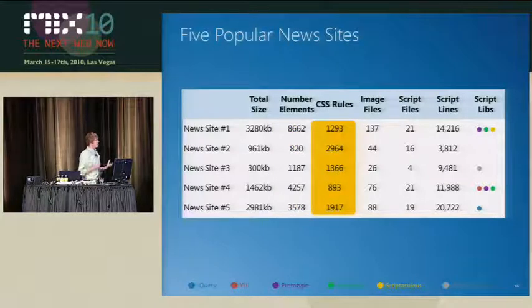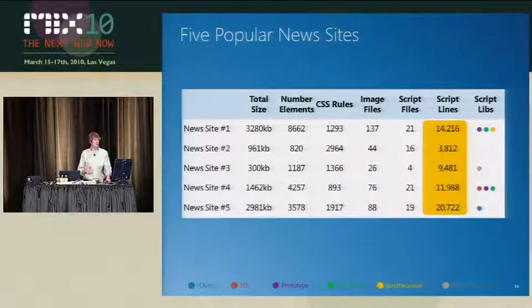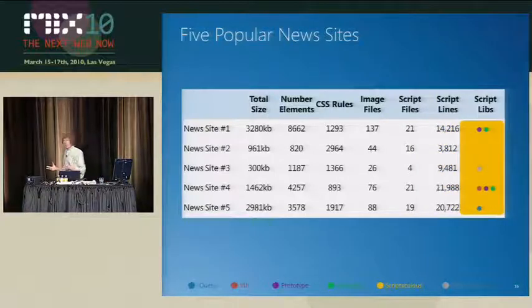We then have the total number of CSS rules brought down and applied to the page, the number of images, the number of script files, the total number of lines of script in the page, and last, the script libraries that the page uses. Many of them use standard libraries such as jQuery or Prototype or YUI, the Yahoo UI library. Others have their own custom script libraries.